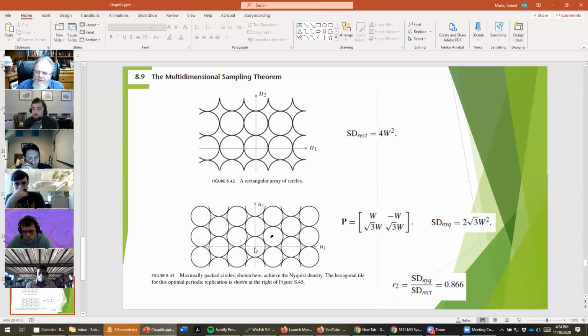We're going to have this result. By the way, there's the assumption here that the diameter of the circle is 2w. So we're going to have a P1 here and a P2 over here.